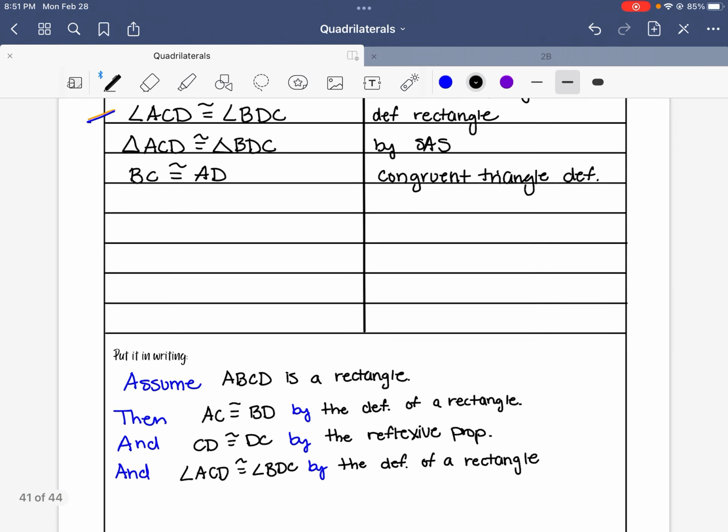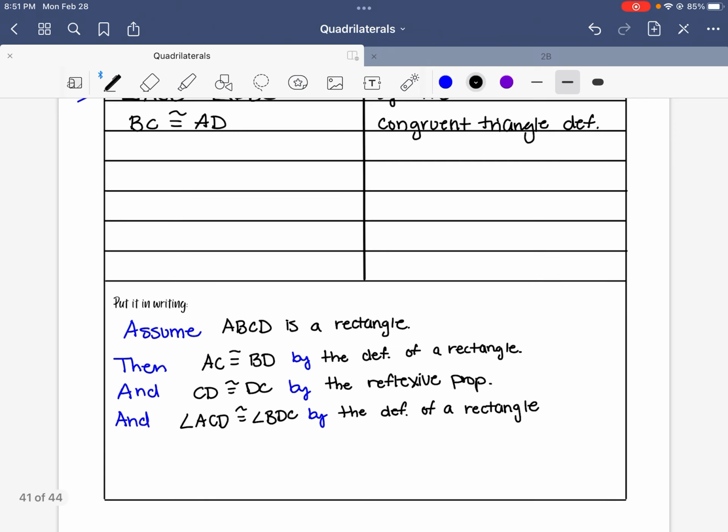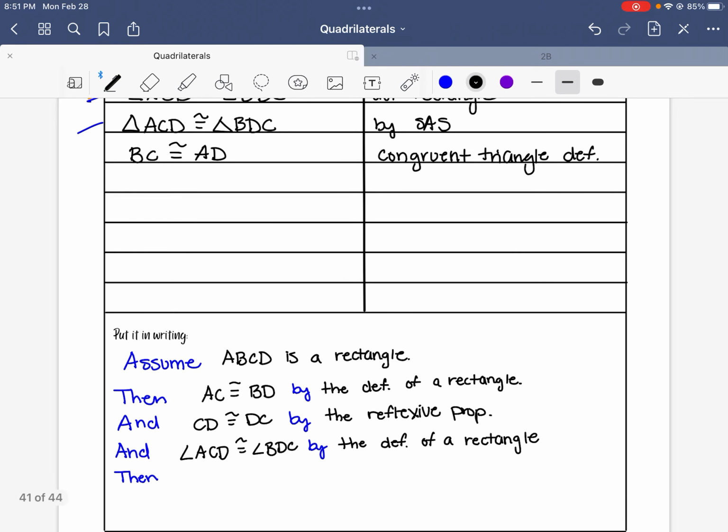Okay. So I've basically laid out everything I have. Then, let me use blue. So then, this is where it's almost to my grand finale. I'm saying that the triangles are congruent by what?